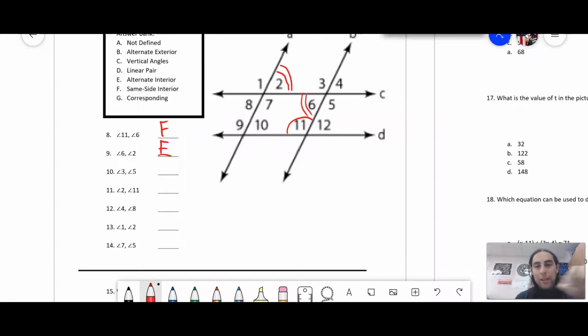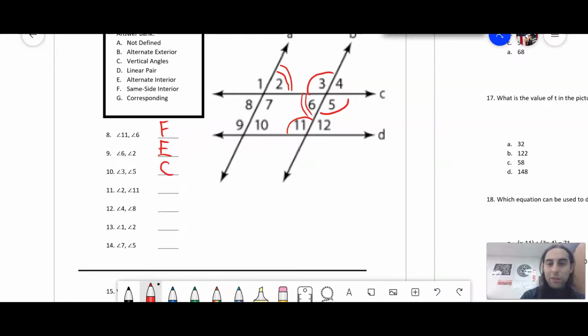Okay. 3 and 5. Well, 3 is right here. 5 is right here. They're at an intersection across from each other. If they are straight across from each other at an intersection, we call that vertical angles, whether they're literally vertical or not. So angle 3 and angle 5 are called vertical angles.